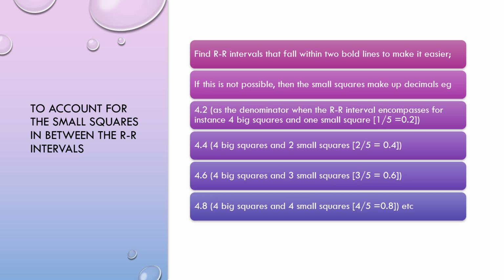We're going to make the denominator 4.2, because we have just 1 small square and 1 over 5 is 0.2. So instead of 300 divided by 4, we'll have 300 divided by 4.2. So for each small square that's added on, we add 0.2. If we have 2 small squares, you add 0.4, 3 small squares, 0.6, etc., till we get to another big square.